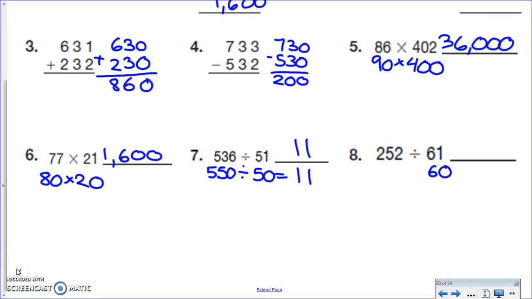Well, we know that 6 will go into 24 and 30, so 60 will go into 240 or 300. 240 is closer, so we're going to use that as our compatible number. So then 240 divided by 60 gets us 4 because 24 divided by 6 is 4.